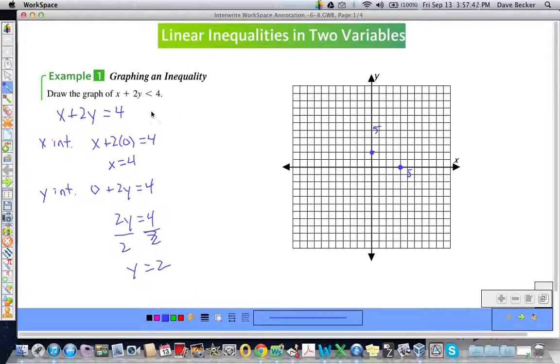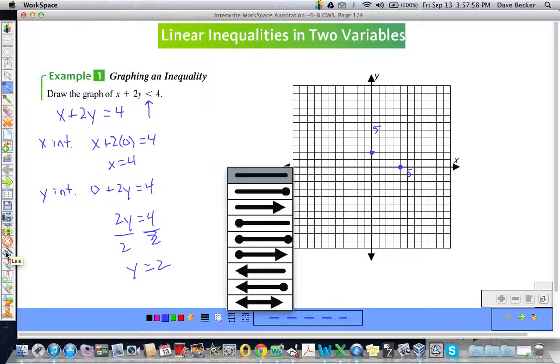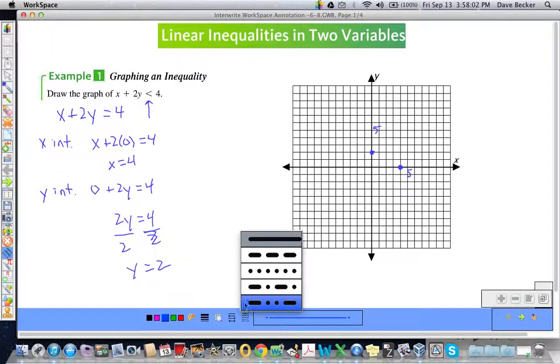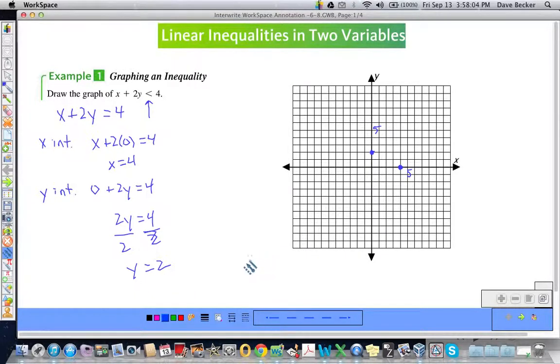But we have to be very careful because we have to look at our inequality. Since this is less than, the line is not part of the solution. And to indicate that, we have to use a dashed line. I need to go to my line tools. Let's make it dashed, and I'll make it pink just for fun.